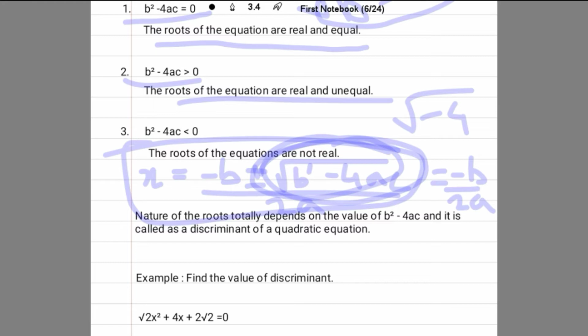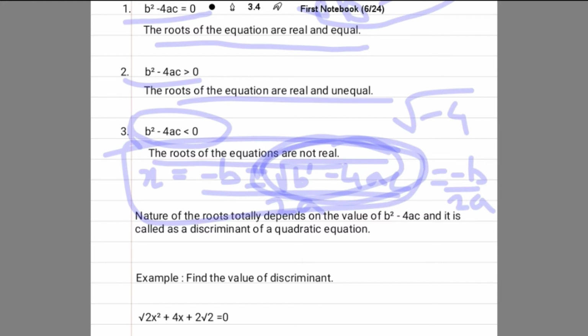So the roots of the equation are not real here; they will be imaginary. The only thing you have to remember is that when b square minus 4ac is less than 0, the roots are not real. So these are the 3 conditions you have to remember every time for finding the nature of roots.